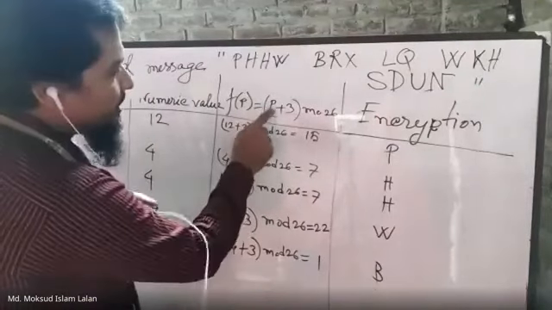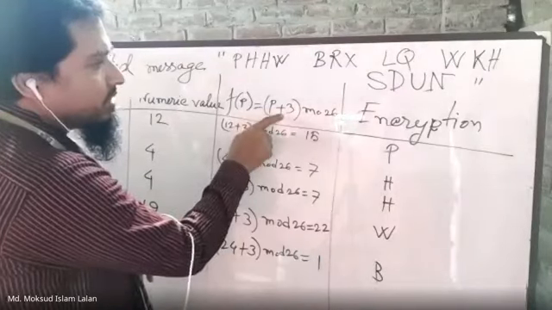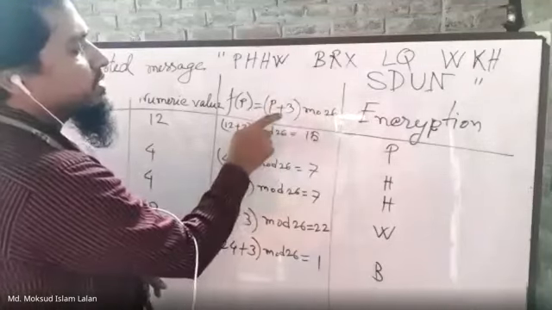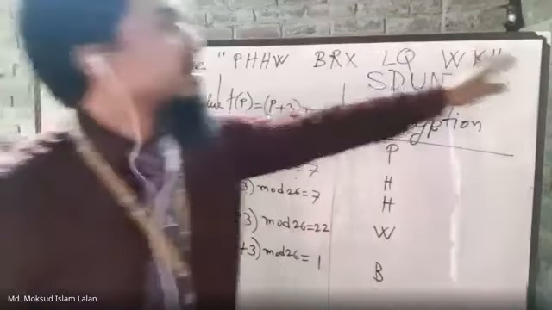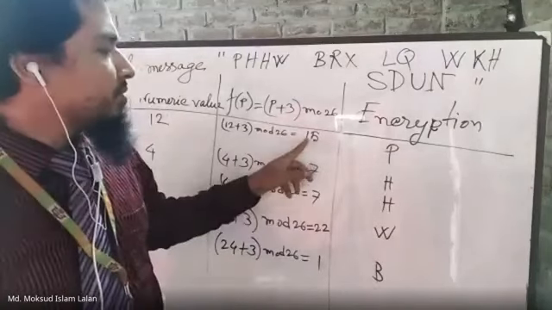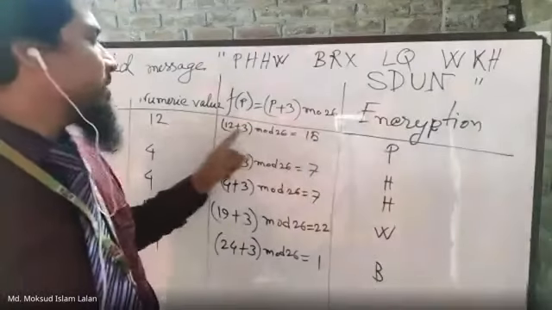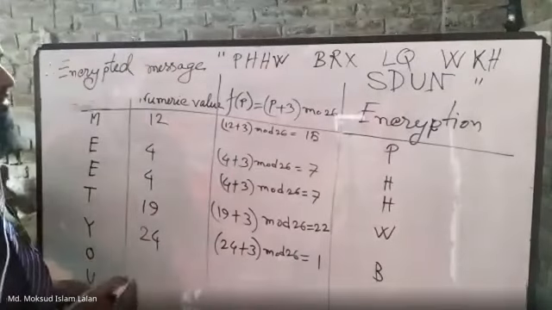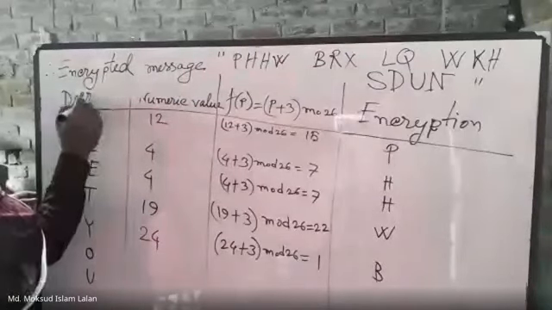In encryption there is a plus, right? If you go back to the original message, how can you go back? You just need to subtract. So this will be given to you, I mean P H H W will be given, and you convert the letters to numbers, like 15, 7, right? Then to reach the original, you subtract. This is called the inverse, I mean decryption, like encryption and decryption.